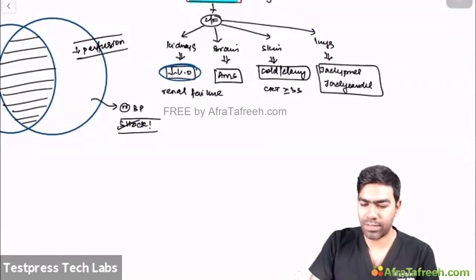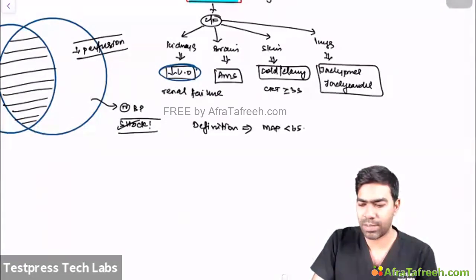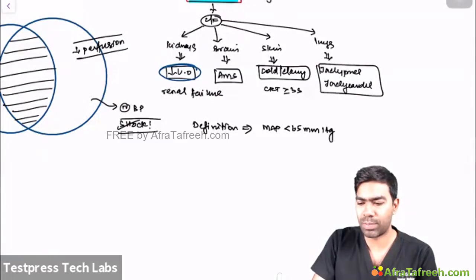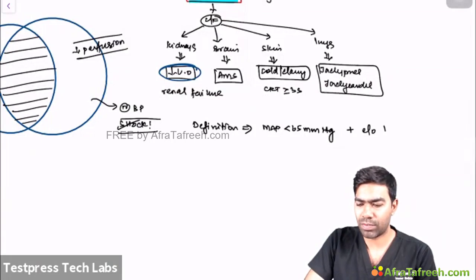If you want to define a shock, the first definition they give is a mean arterial pressure of less than 65 millimeters of mercury, evidence of low blood pressure and hypotension, plus at the same time you should have evidence of hypoperfusion to the organs.